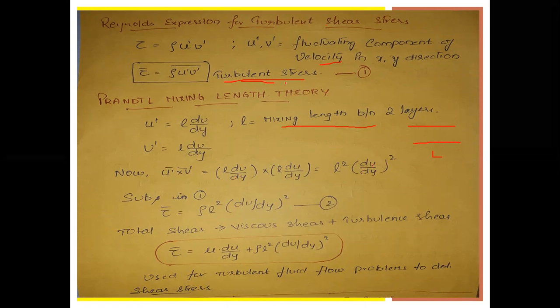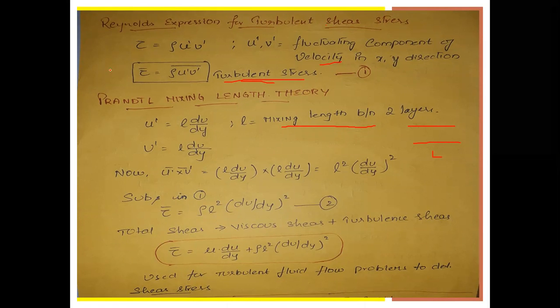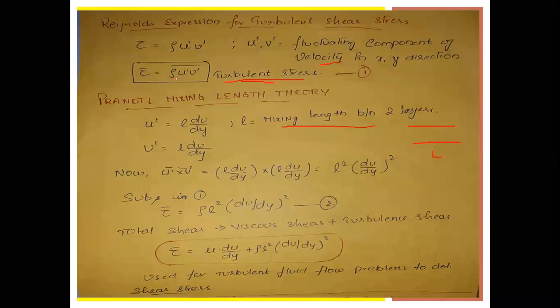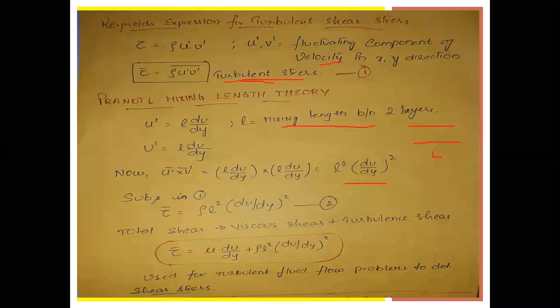Substituting this in the equation, tau bar is equal to rho into L square into (du by dy) square.